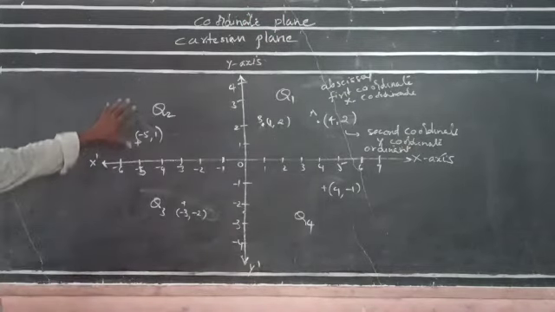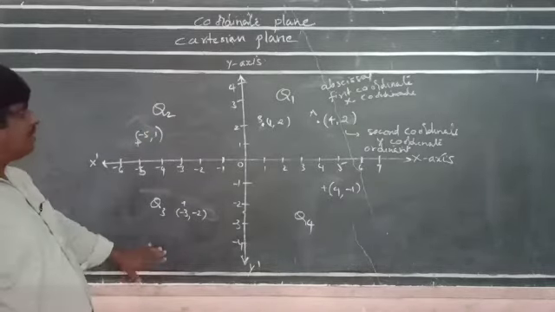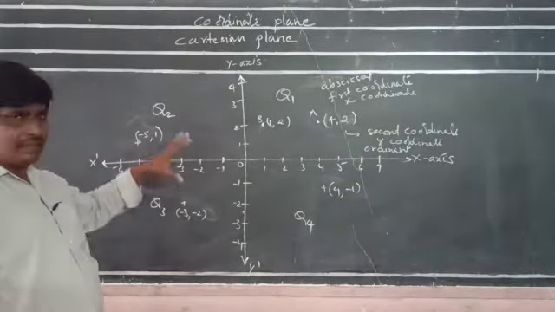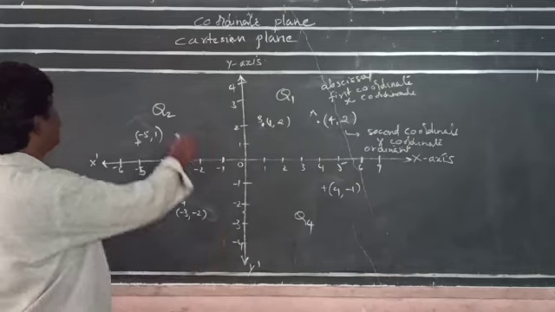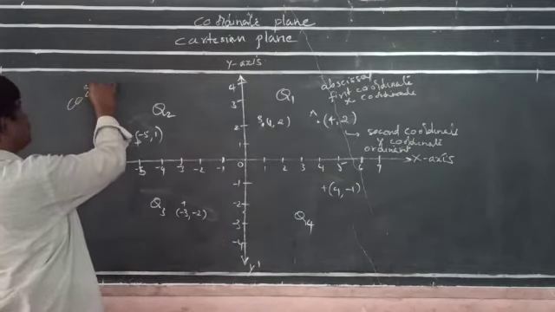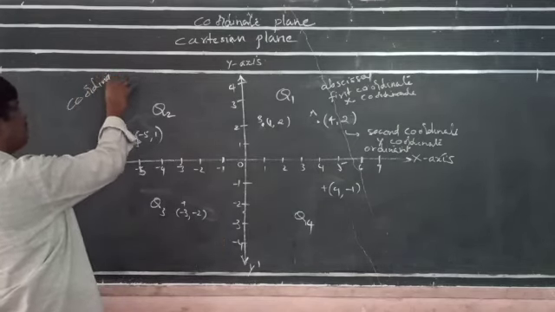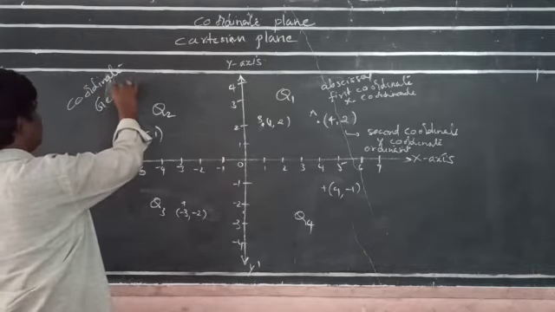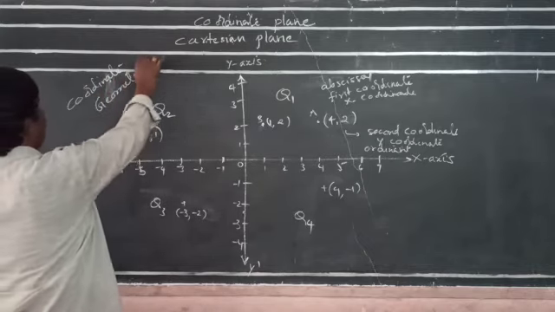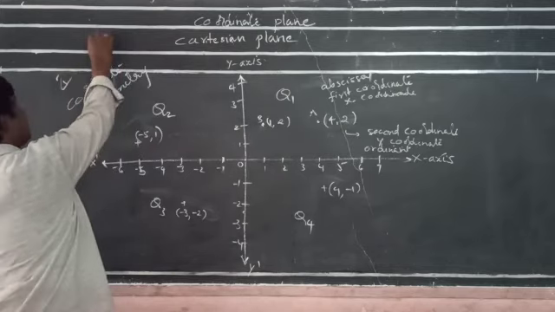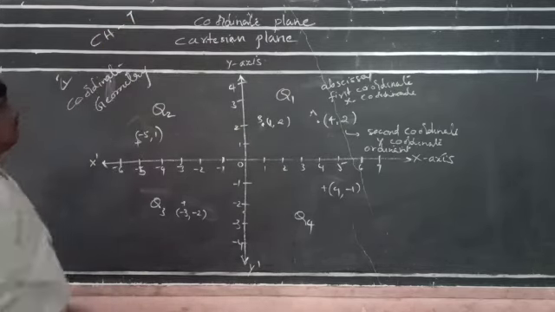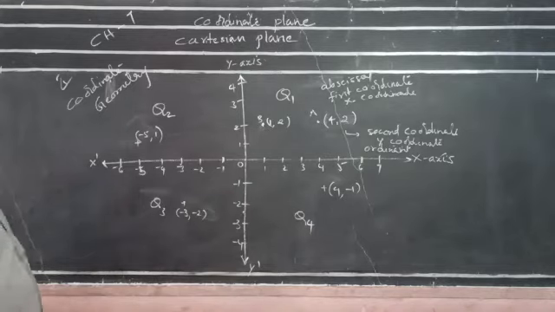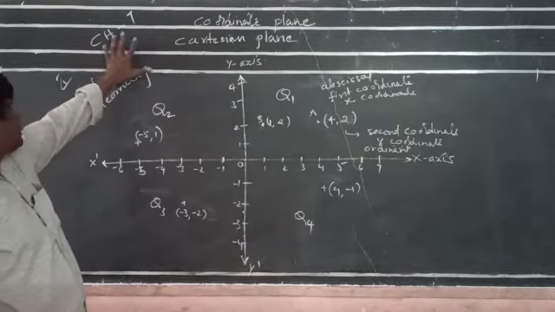Using this concept, we are learning a chapter, coordinate geometry. This is part 1 of Chapter 7. What is Chapter 7?